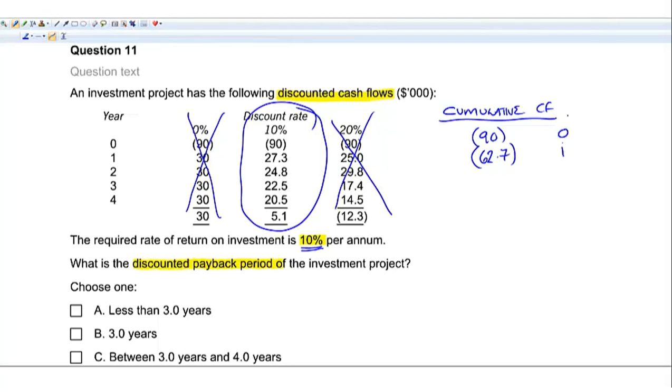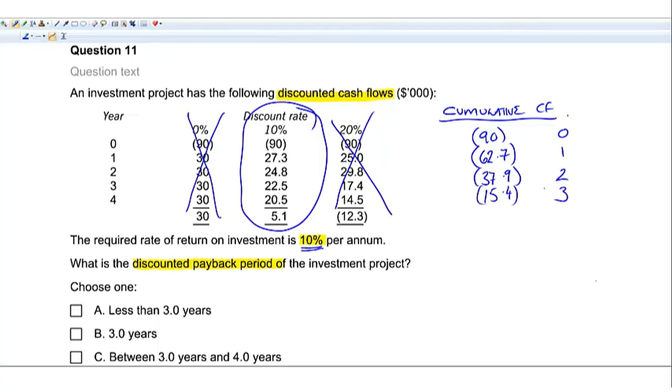We continue with that, so at the end of year 2, we have another 24.8 cash inflow coming in, so a cumulative cash outflow of 37.9 at the end of year 2. We then add on the year 3 cash flow of 22.5, which gives us a cumulative cash outflow of 15.4 at the end of year 3.